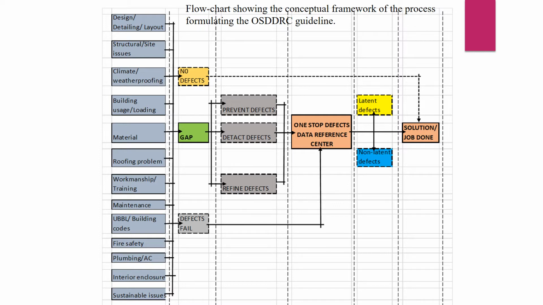It starts from the left, the first column, with about 11 or 13 factors, variables, starting from the design detail to the structural, up until the interior enclosure, as well as the sustainable issue, the plumbing, the fire safety, and the building codes. Then if a defect fails, it is reported to the OSDDRC. If there are no defects, it is job well done.